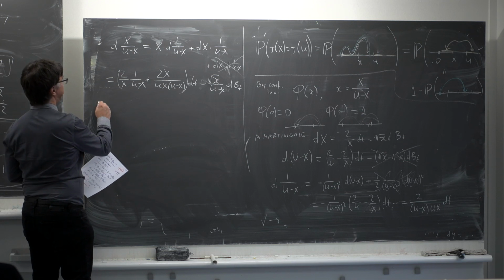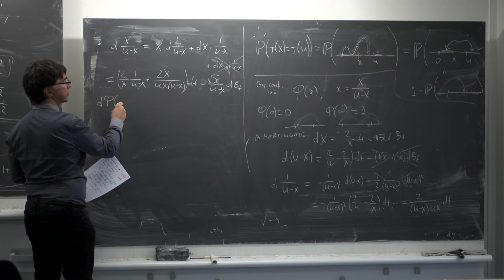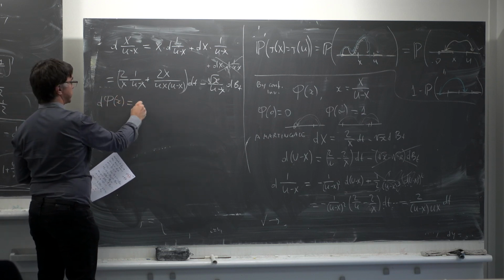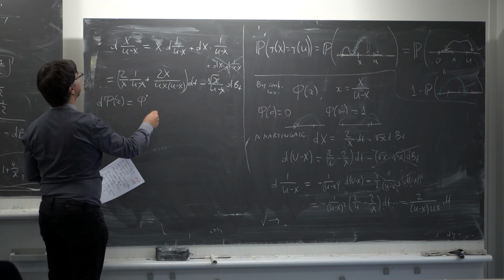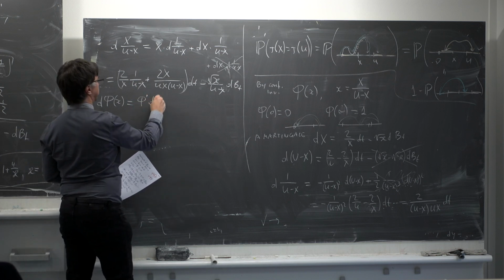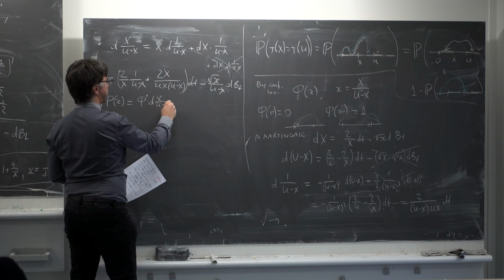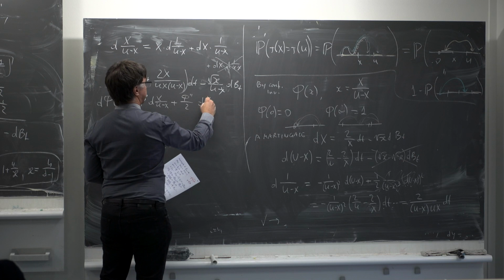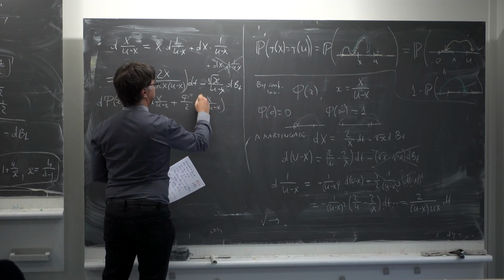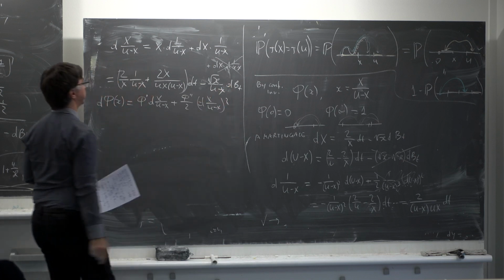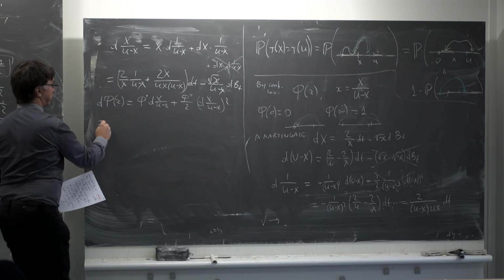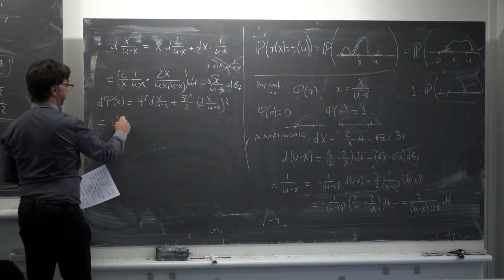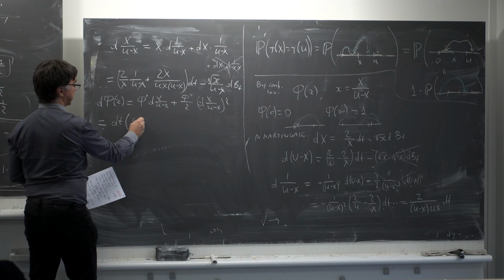Okay, and the remaining thing is that I write the drift of my function, d phi of x. So it's phi prime times the drift of x over u minus x, plus phi prime prime over 2 times the square of the Brownian term. What I get, I will just write the term in front of dt.